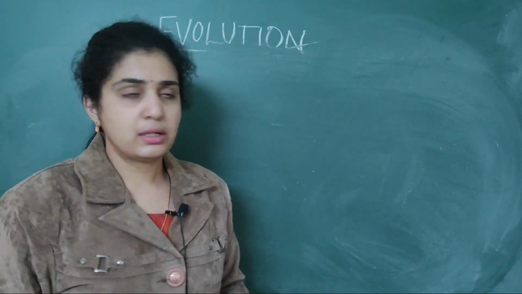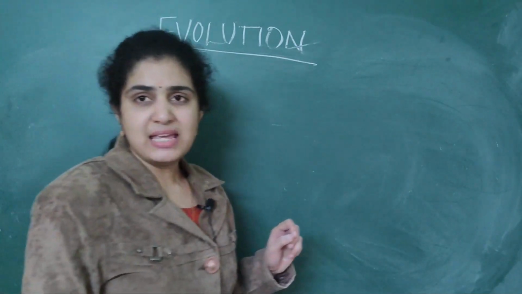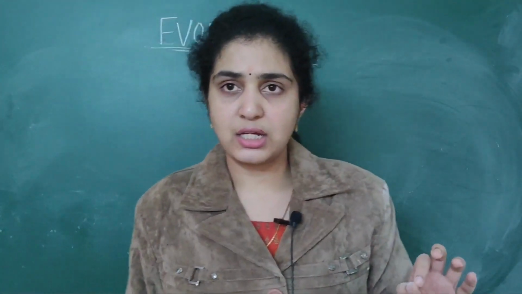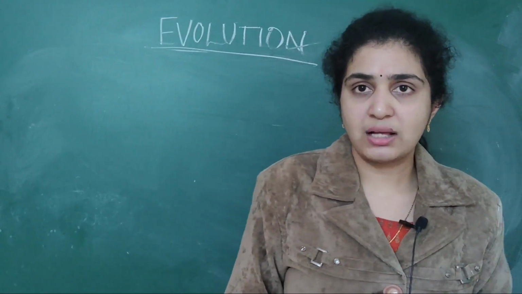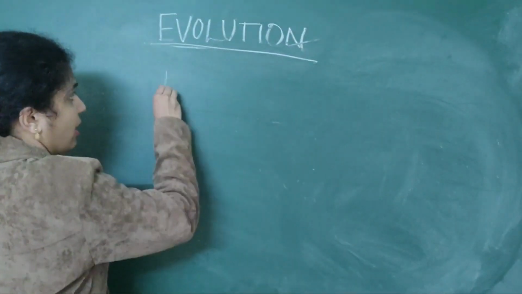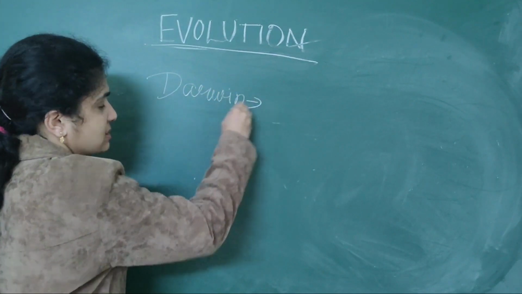Next important point that you should remember in the chapter called evolution. Basically, this natural selection, it was given by whom? It was given by Charles Darwin. So Darwin proposed a theory which is called natural selection.